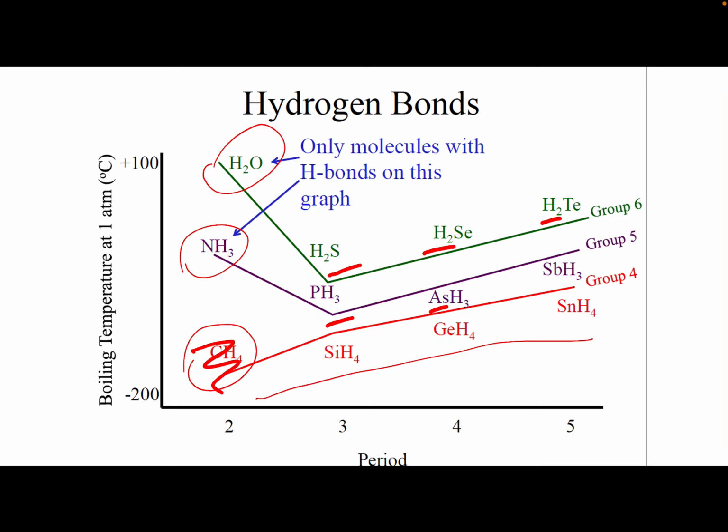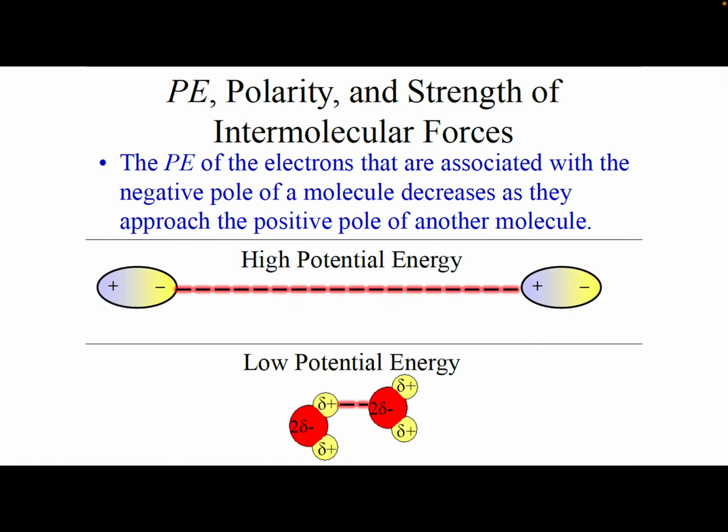And water and ammonia have a much higher boiling point because they are the only molecules in this graph that can form hydrogen bonds. And it takes a lot of energy to break the hydrogen bonds. So be on the lookout for hydrogen bonds as a reason why a trend is busted, kind of.